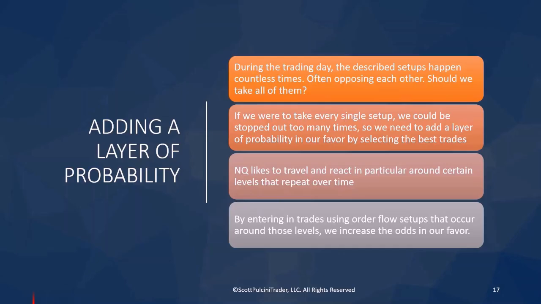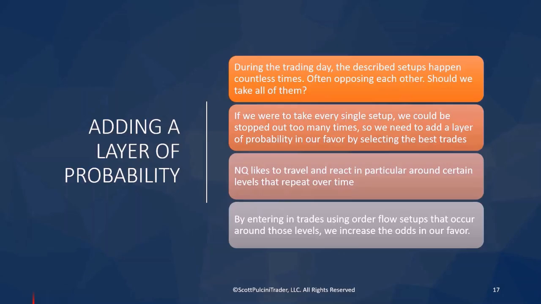So you don't have to take every single one of them, because if you were to take every single setup, then you might end up being stopped out way too many times. So we need to have some more probability in our favor by selecting the best trades, in the best places, with the best setups.